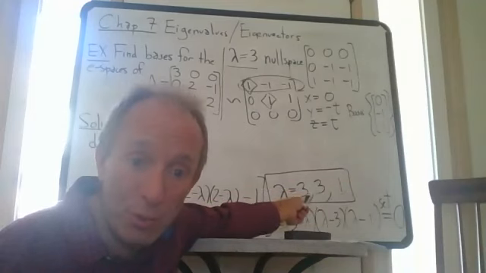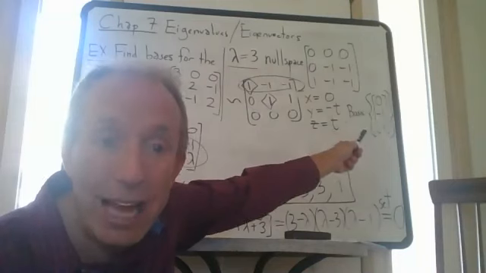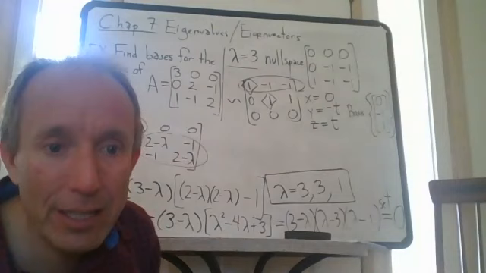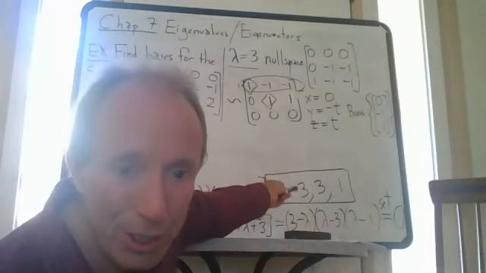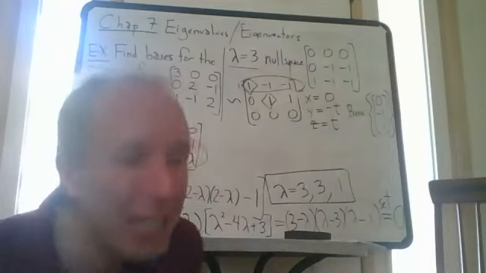In this case, 2 times. We're going to keep track of that multiplicity and compare it with how many basis vectors we get out of the eigenspace. In this case, lambda equals 3 fails to pull its weight. So something to keep track of.